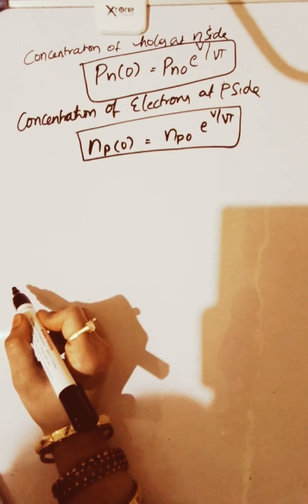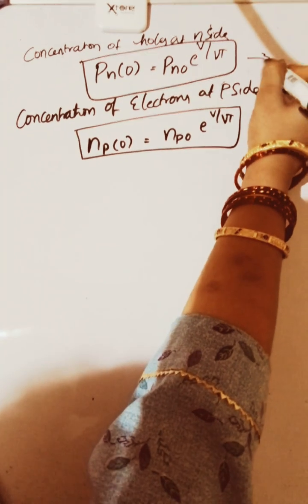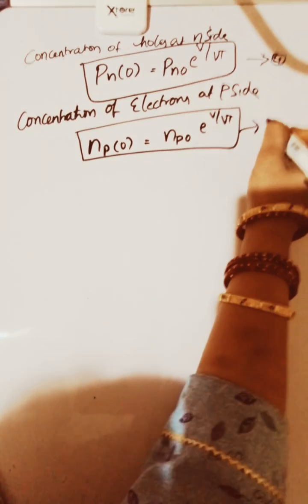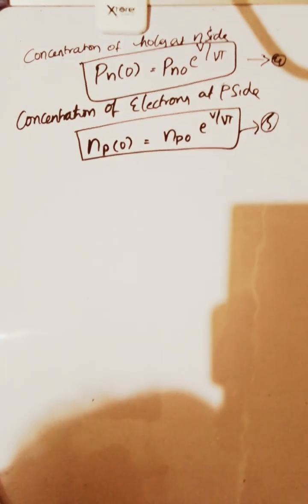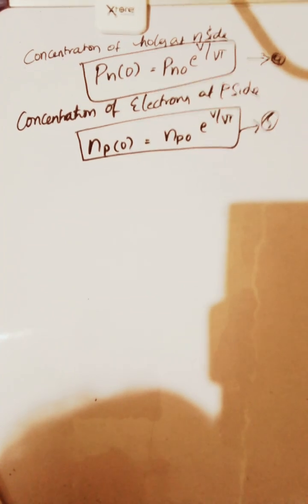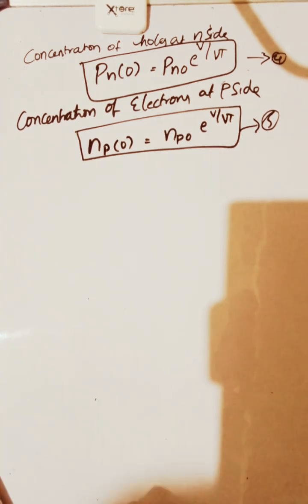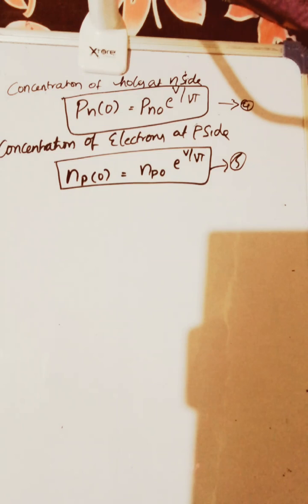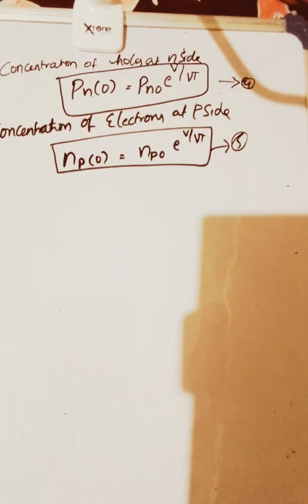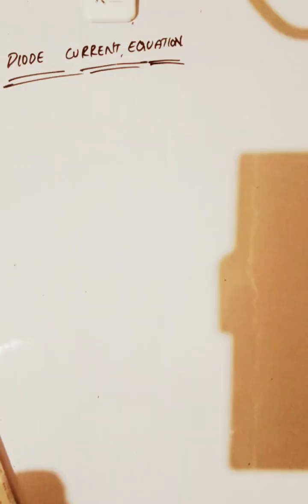The above equations 4 and 5 indicate the hole concentration Pn(0) at the junction under forward biased condition. This is the thermal equilibrium value Pn0. This is about the concentration of both holes and electrons at the n side and p side.